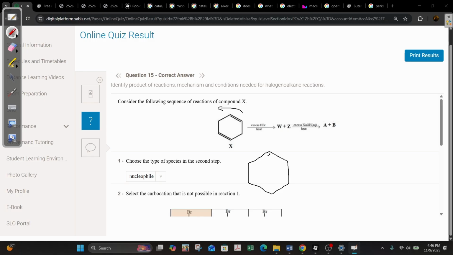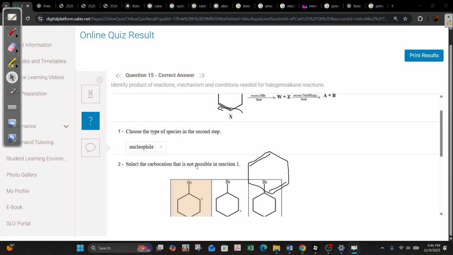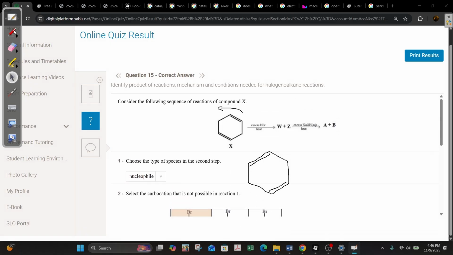So all they did was just flip it. The double bond will go there, and another double bond will go there. They said take the carbocation that is not possible in reaction 1, HBr. So it doesn't really matter where Br goes because they have the same amount of hydrogens. So let's say we remove the double bond right there and a double bond here.